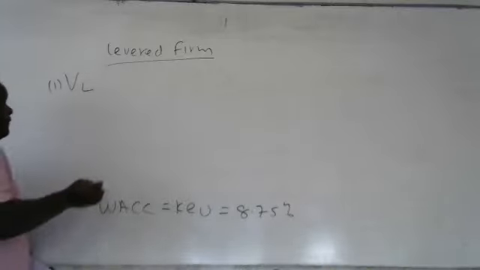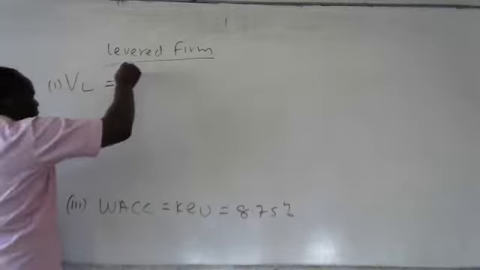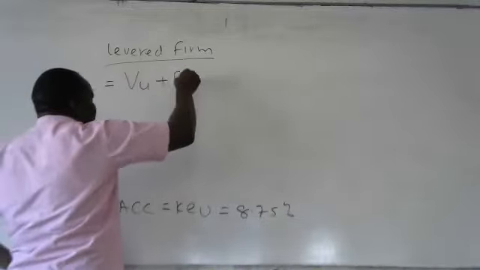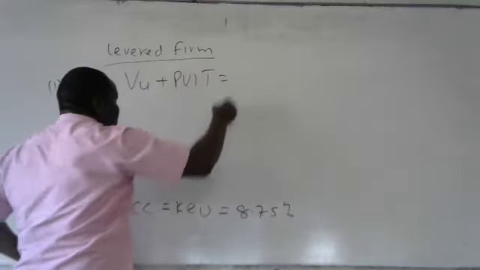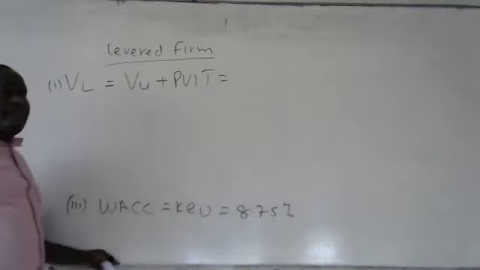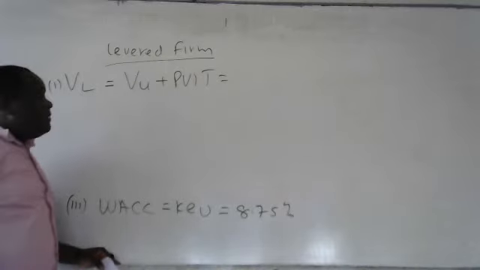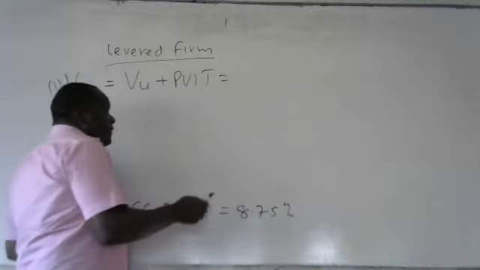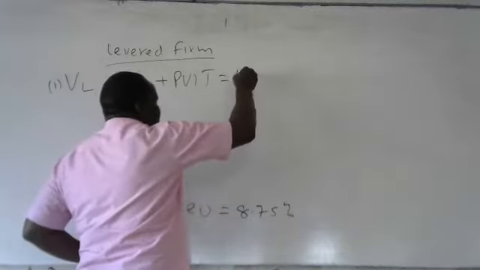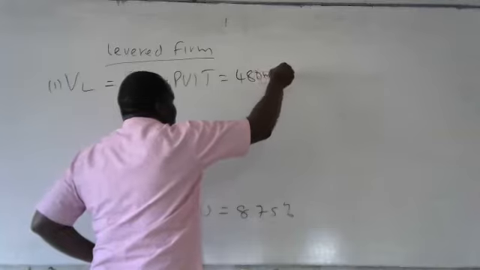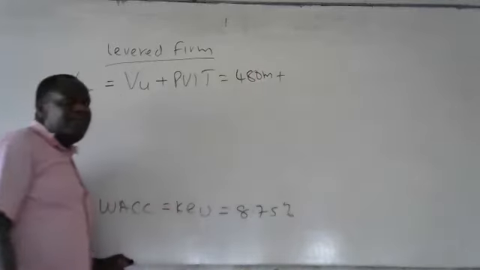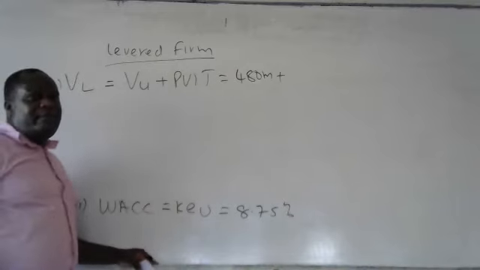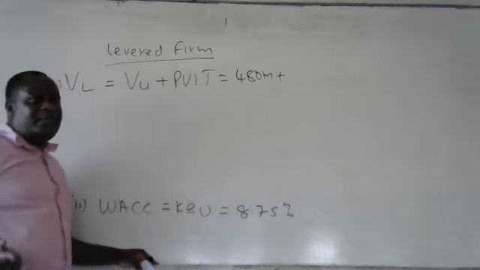Value for the levered farm should be given by value of the unlevered, then you add the present value of the interest tax benefit. Value for unlevered, you see, is 480 million. Then we add: they are borrowing how much in the question? They were borrowing 40 million to make it levered.